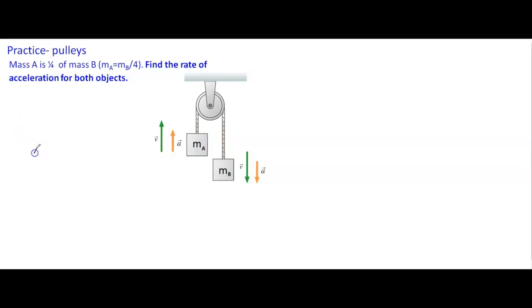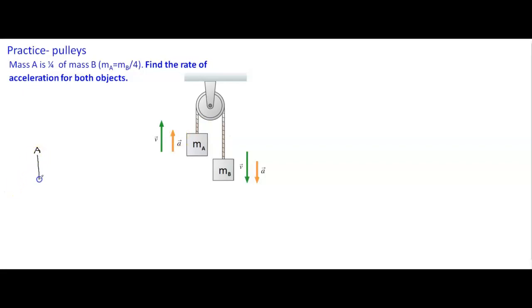Let's think about what is physically touching mass A. What is interacting with mass A? Well, it's got a weight down, just like it always does since it has mass. And the only object that's really touching mass A is a rope, which is pulling it upwards.